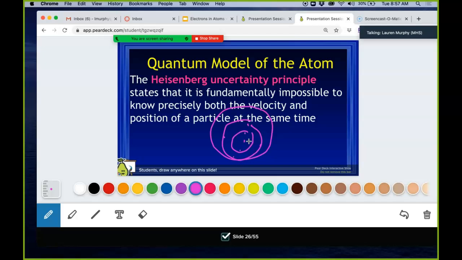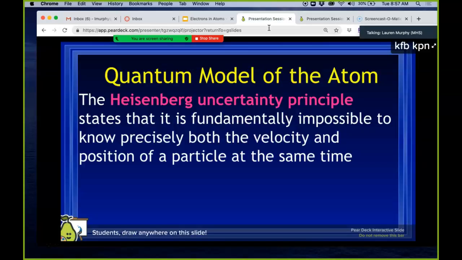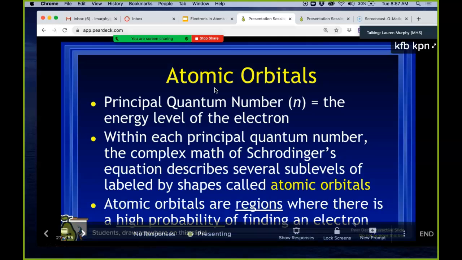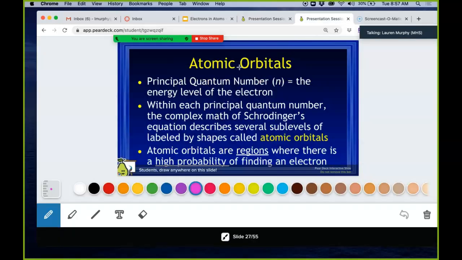I mean, it's okay to use it, and we are going to use it just for simplicity's sake, but it isn't really this simple. It's actually a lot more complicated, and so they call this the quantum model of the atom instead of the Bohr model. So what does the quantum model of the atom consist of? Well, it consists of what they then called atomic orbitals.